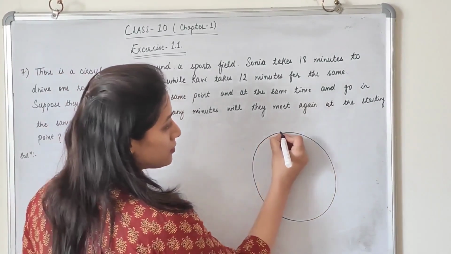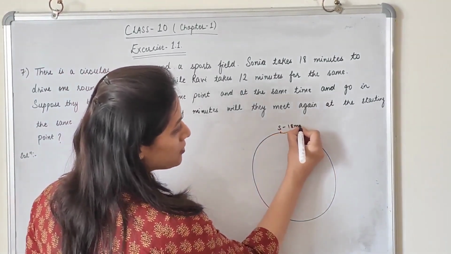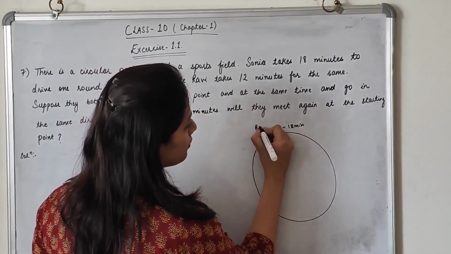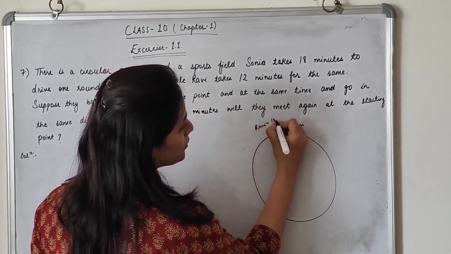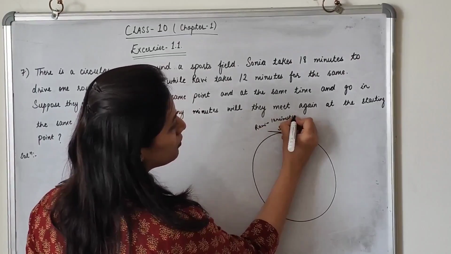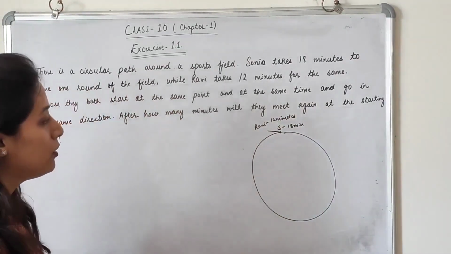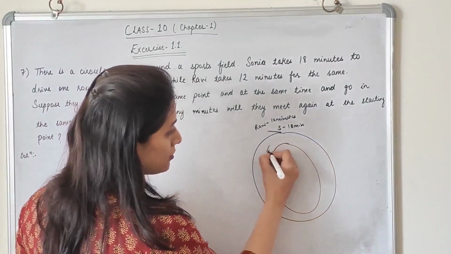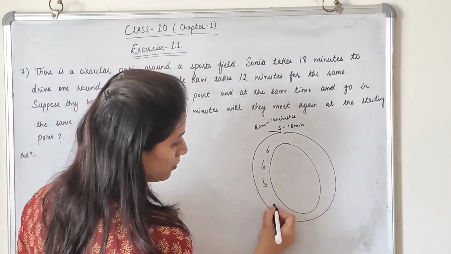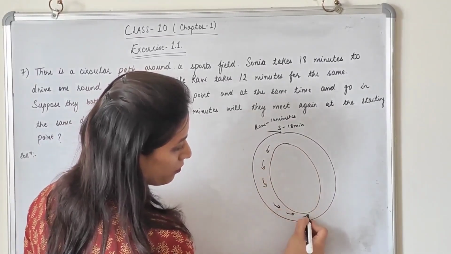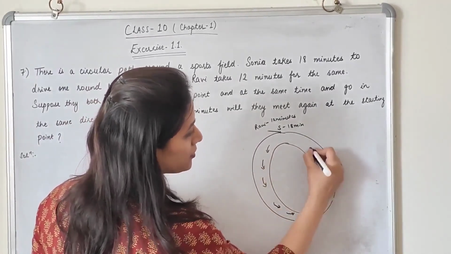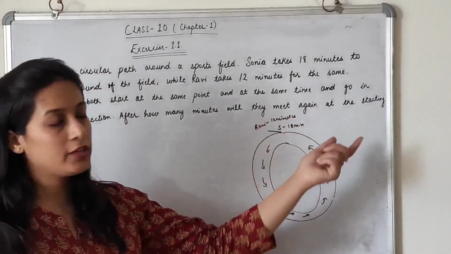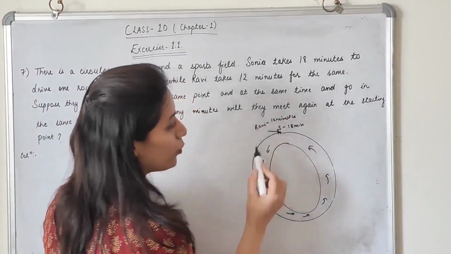Sonia takes 18 minutes and there is one more person, Ravi. Ravi takes 12 minutes to cover this circular path. Both move in the same direction. So what you need to find: after how many minutes will they meet again at the starting point?